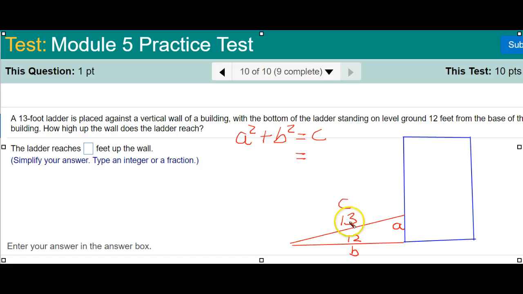So we know a few things. We're going to square 13, and we're going to get 169. 13 squared is 169. 12 squared is 144. We're going to subtract 144 from both sides, and we get 25. And we're going to take the square root of both sides. So what is the height that the ladder reaches here?